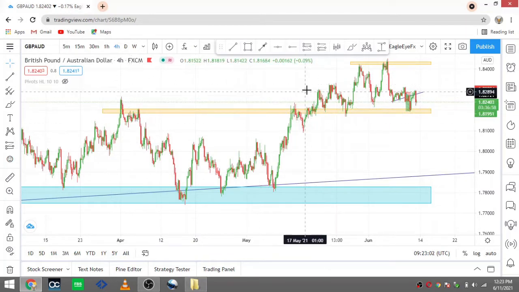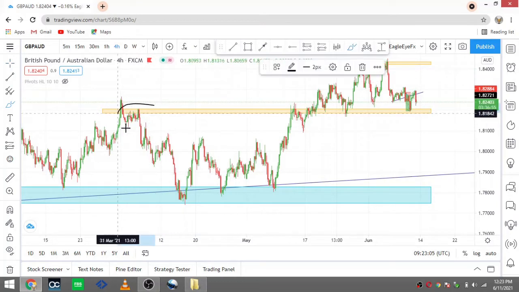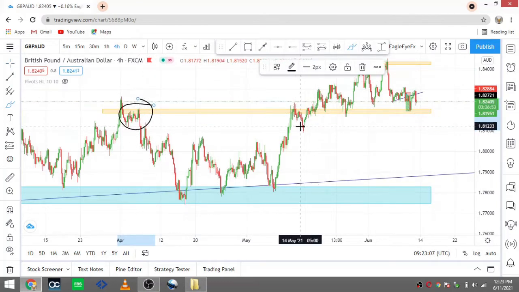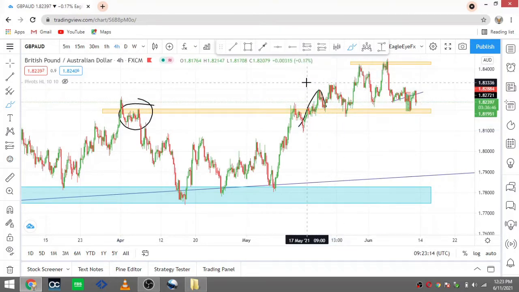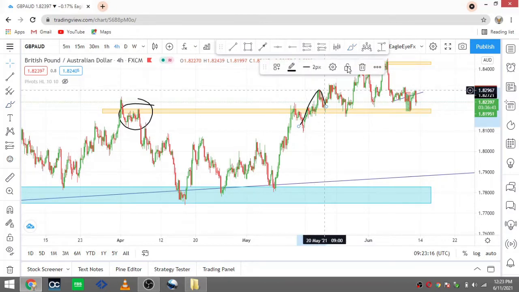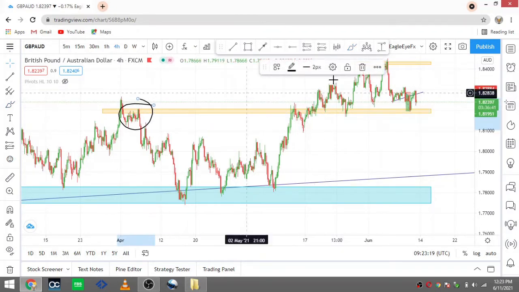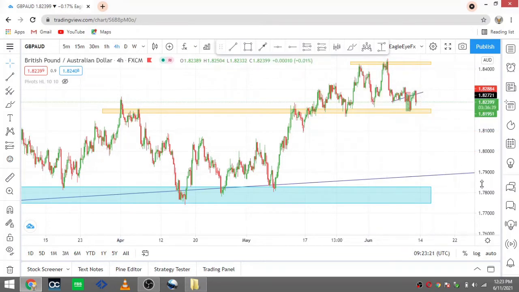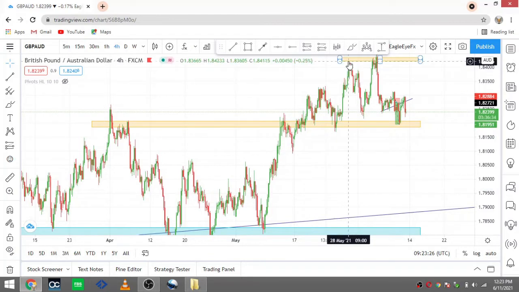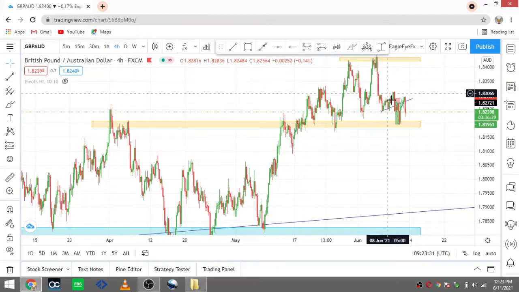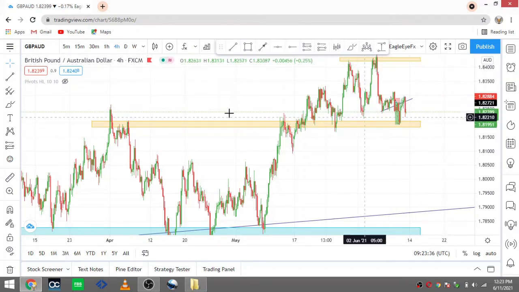This acted as a resistance before, but when it got here, it was able to break, and now it acted as a support. So this became a very sensitive place that I was observing. When the market came all the way here, you see it came back up again. I was expecting this market to come down to this place before it goes up again.